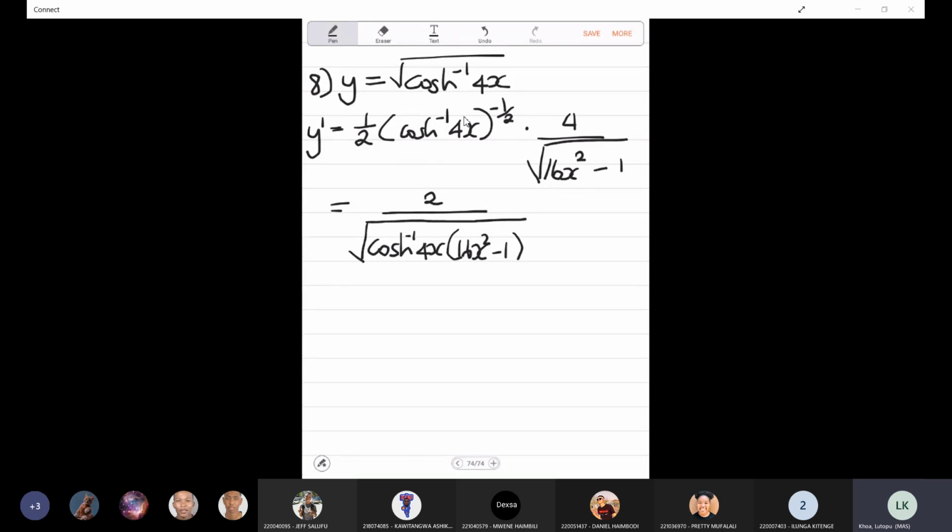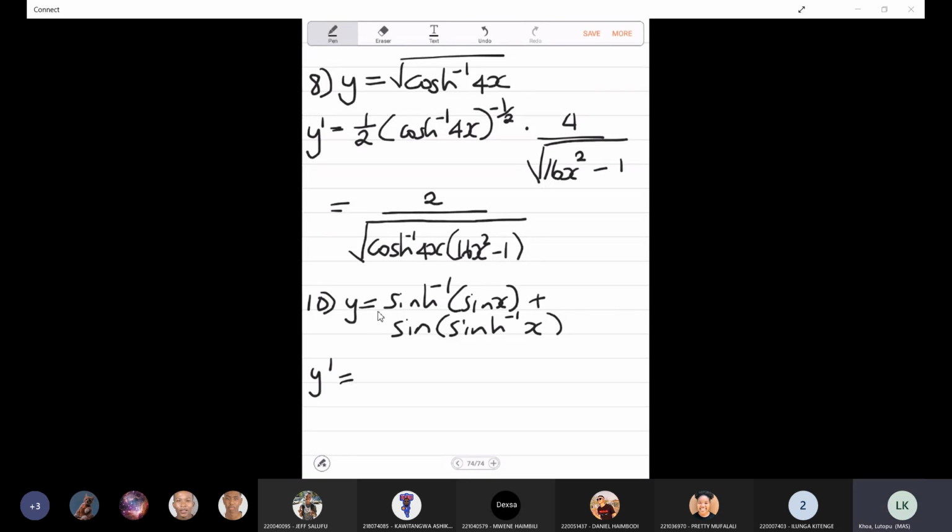And number 10, we have y is equal to this. Okay, so we'll differentiate each of these and then add the two together. Y prime.